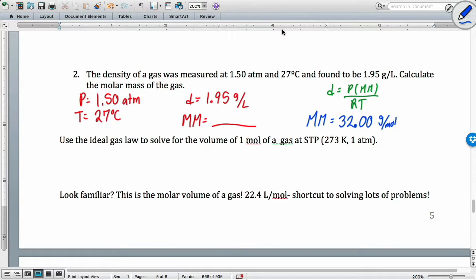Okay, so I got a molar mass of 32.00 grams per mole. So maybe it's sulfur gas. I don't know. But go ahead and double check. Make sure I got the right answer. And make sure you're using the right R. You should be using the R with liters and atmospheres. Okay, cool.